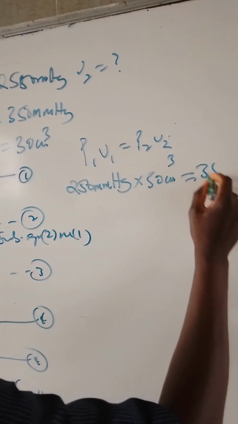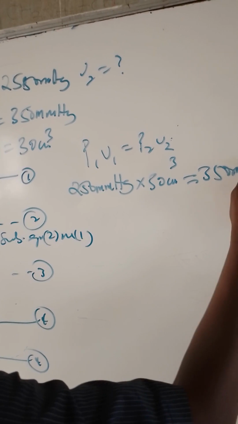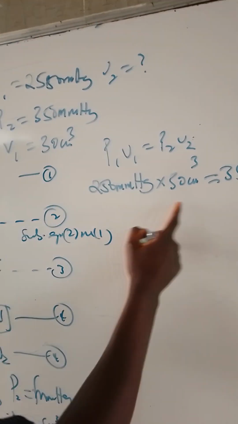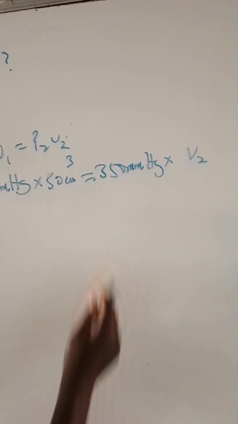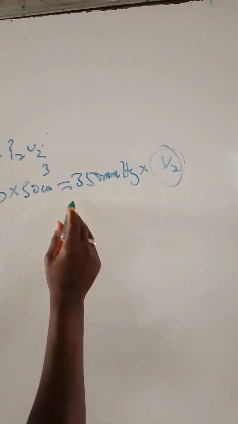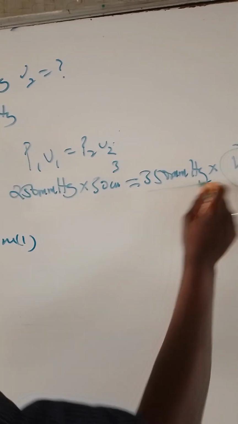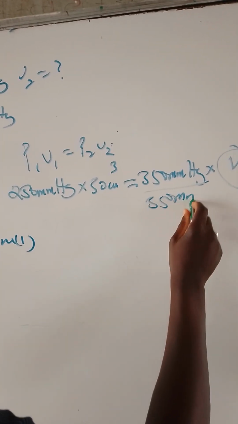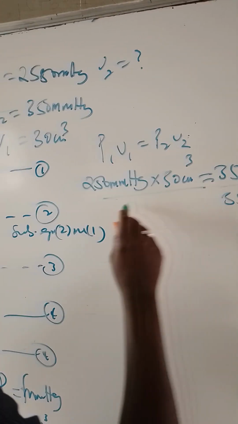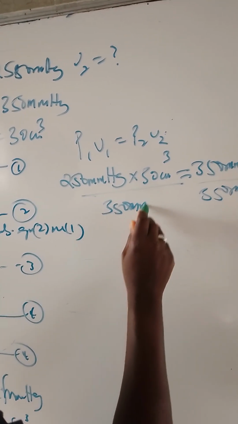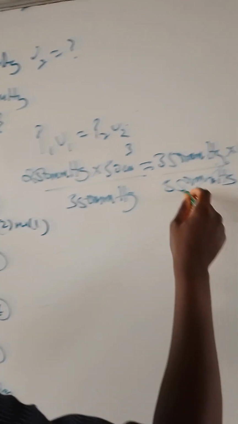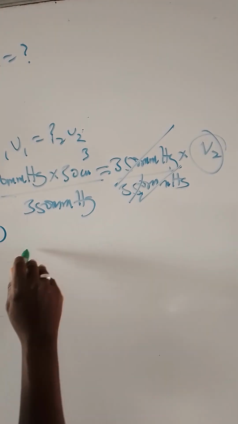P2 is 350 millimeter mercury times V2, which is unknown. Therefore, to find this, you divide both sides by 350 millimeter mercury. The 350 cancels 350.